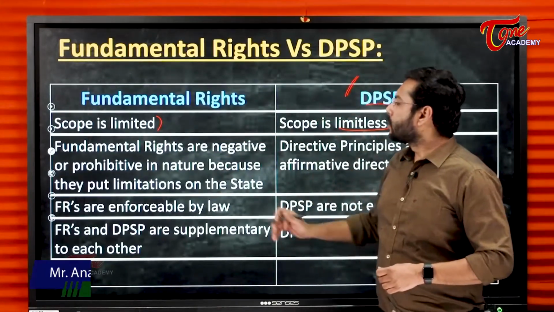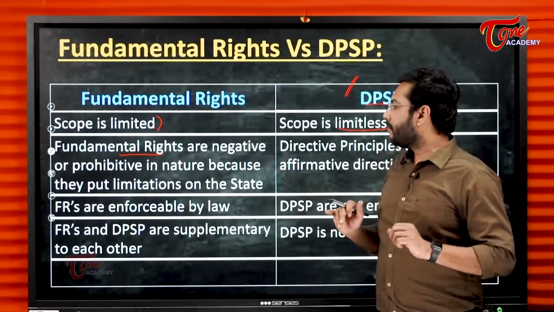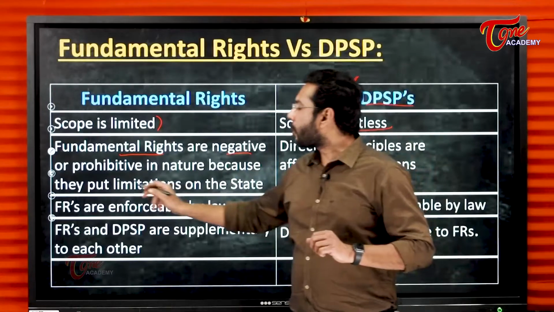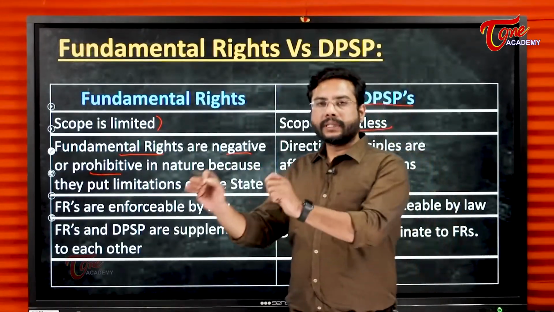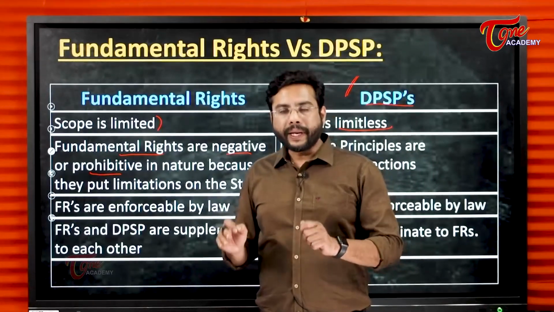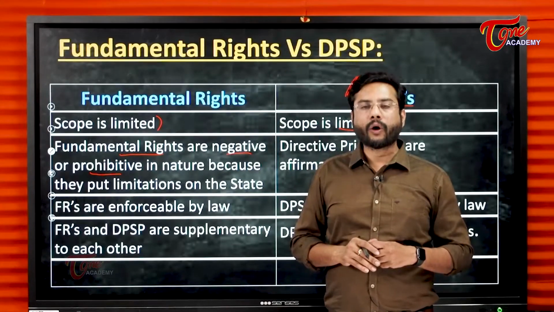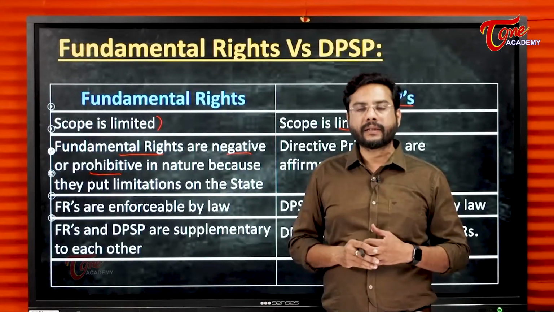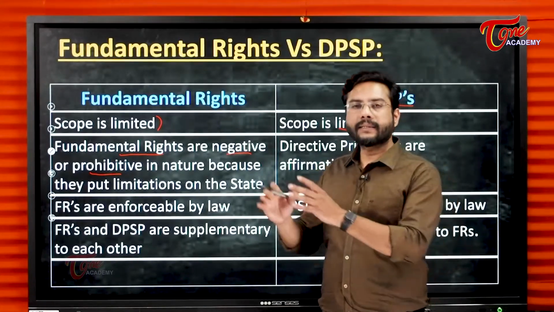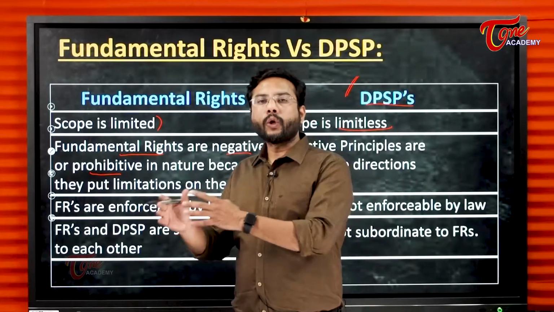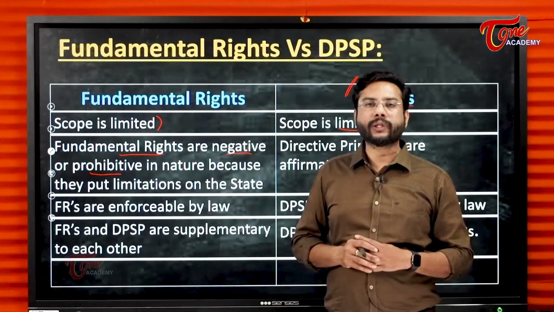So when we say fundamental rights, generally they are negative. Why do we say negative or prohibitive? Because fundamental rights stop the state from bringing such laws which could violate the fundamental rights or natural justice of any citizen. So every time the court will ask the legislature not to bring such laws which invalidate the constitution.